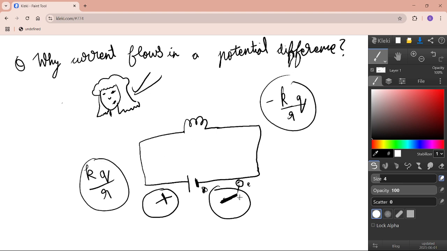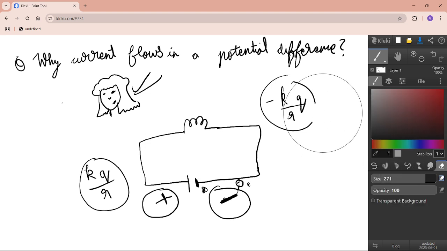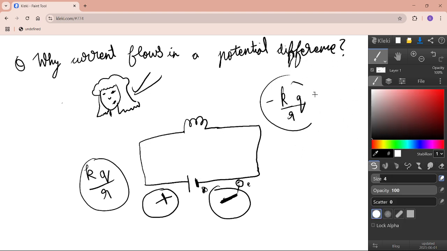So it seems like the electron is moving from a lower potential, that's minus kq by r, to a higher potential, kq by r. Seems opposite. But what really happens is, the potential energy is the potential times the charge. So you multiply by the charge of an electron, which is negative. Let me take e as positive.